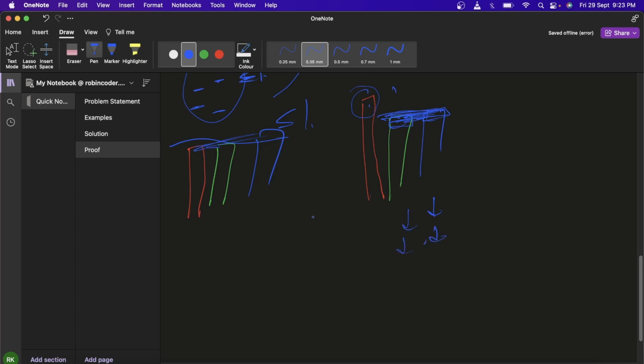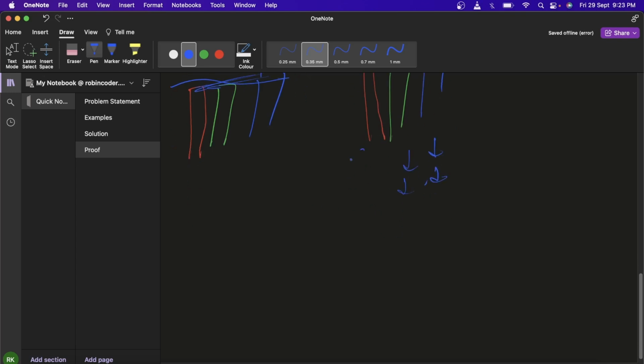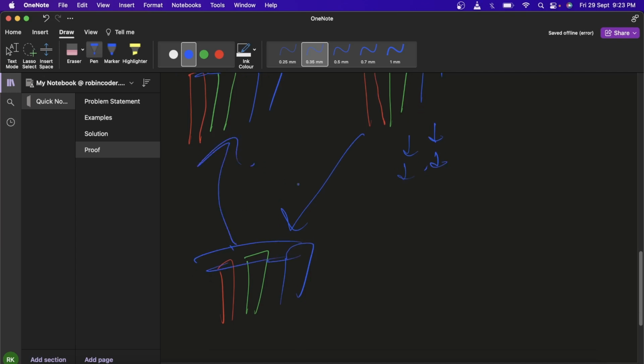So there will come two cases, either the three will become nearly equal, and this will reach the same case as this one, or the second case is red will remain higher, and blue and green will become 0.